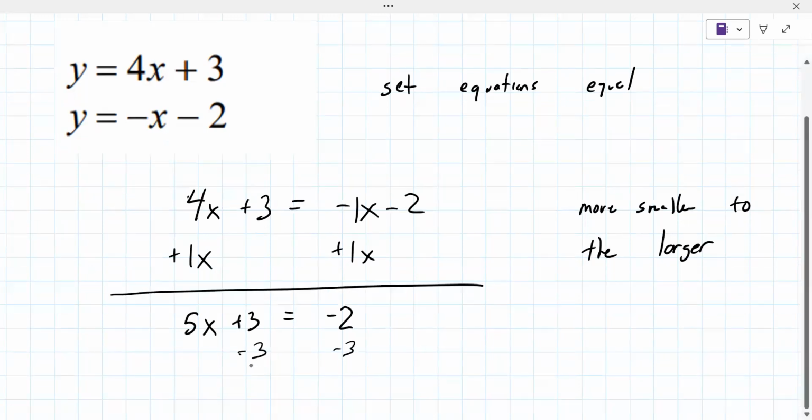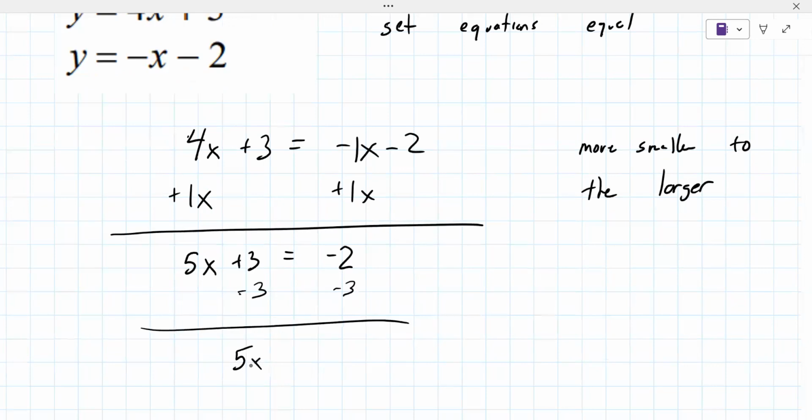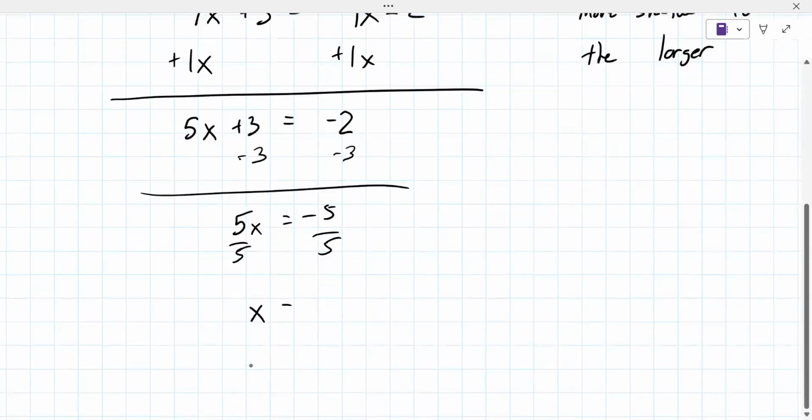So that becomes 5x equals negative 5. And then you divide both sides by 5. And then that's the final answer.